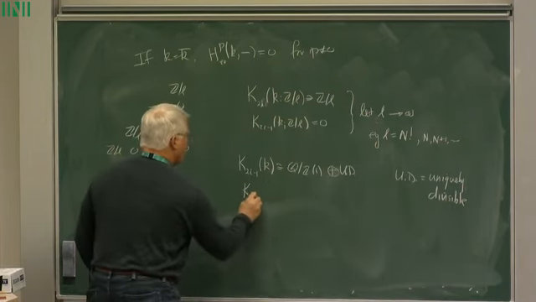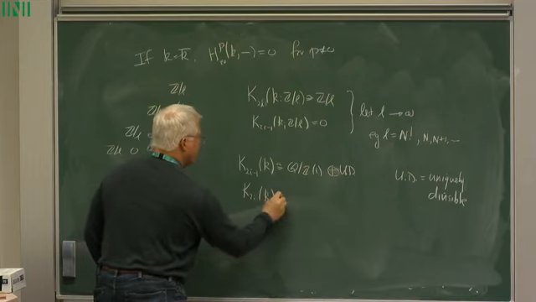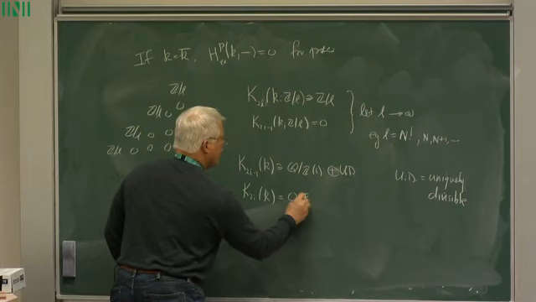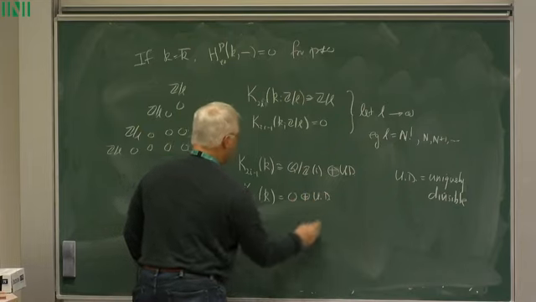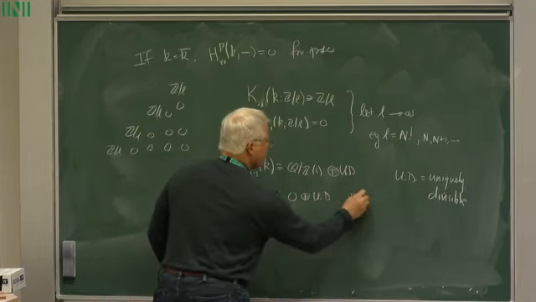And K2i of K is equal to 0, direct sum something which is uniquely divisible, and that's for i greater than 0.